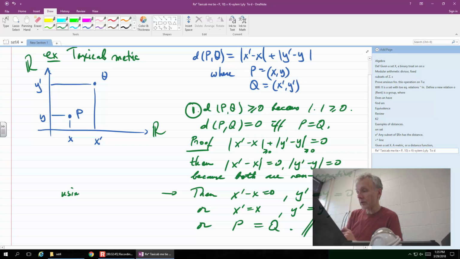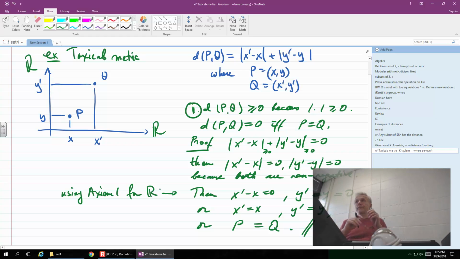Just a comment: using axiom 1 for R twice. Right? So over here, when the distance between x and x prime is equal to 0, it means that it's the same number, same point.